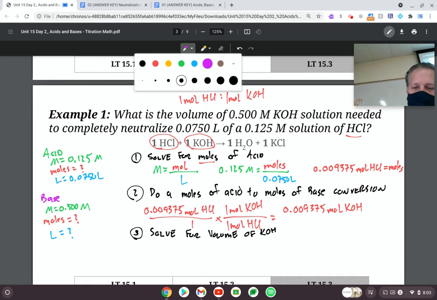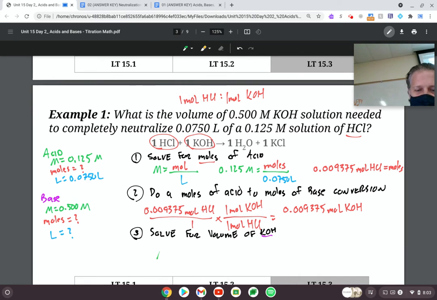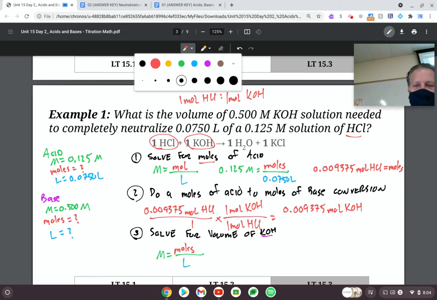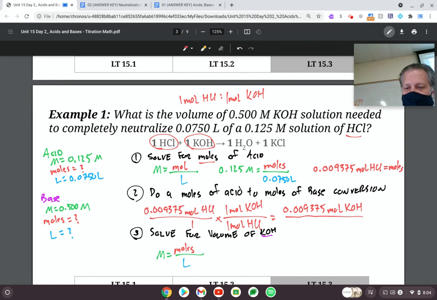And so we're really looking for KOH, and we're going to use our molarity formula again. So molarity is equal to moles over volume. In this case, I now know that my moles is this value right here, 0.009375.